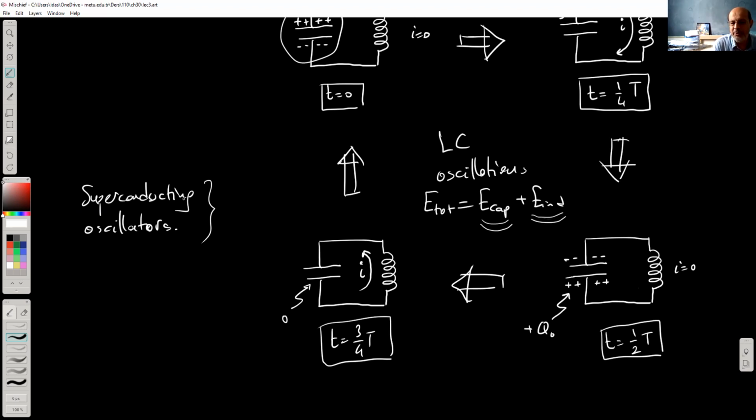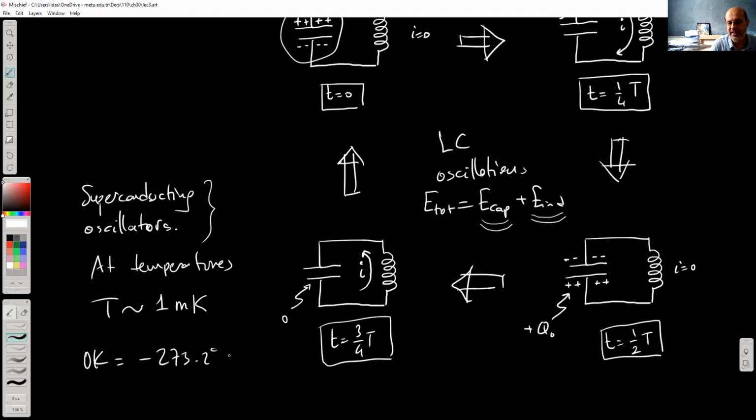But we have to use superconductors, so these operate at temperatures of, let's say, about 1 millikelvin in absolute temperature. We haven't talked about temperatures, actually, but 0 Kelvin corresponds to minus 273 point something degrees centigrade.